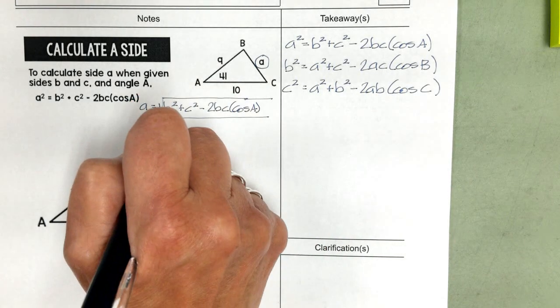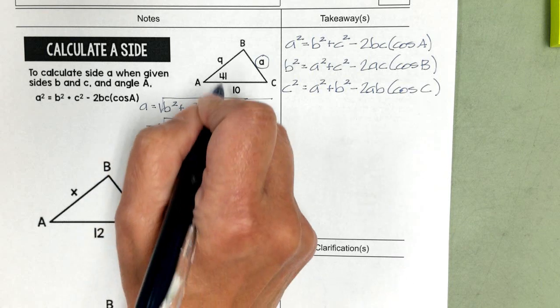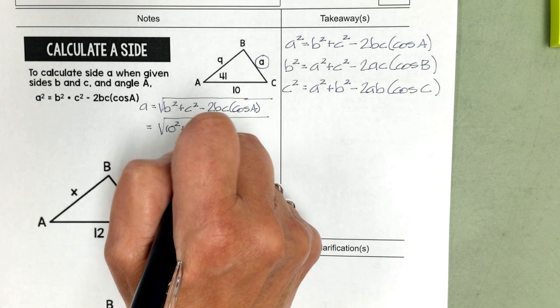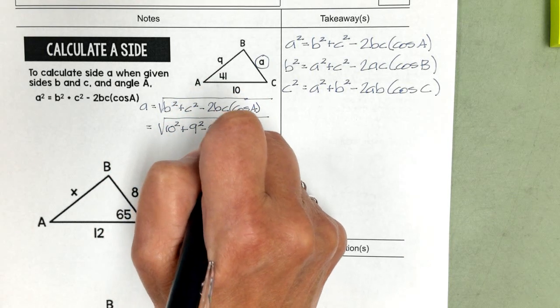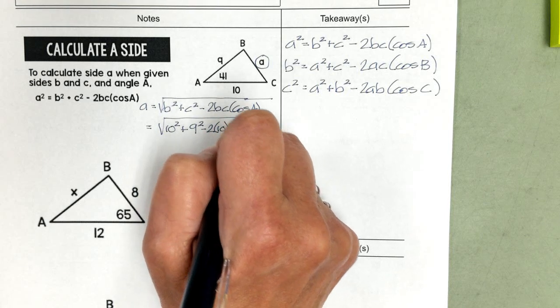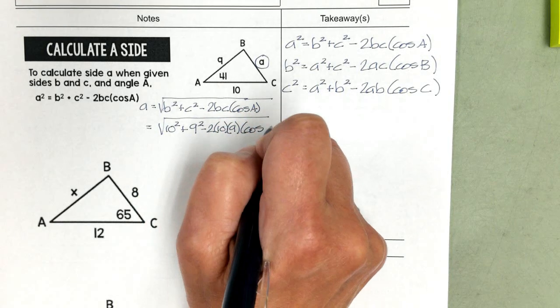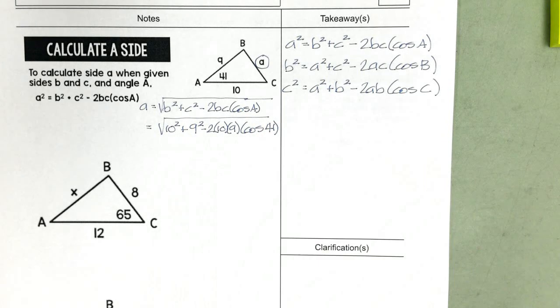B is 10 squared, C is 9 squared, minus 2 times 10 times 9 times cosine 41. And again, check your calculator. Make sure that it is in degrees.